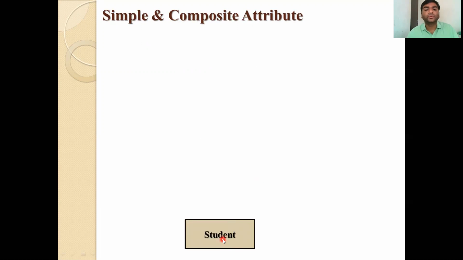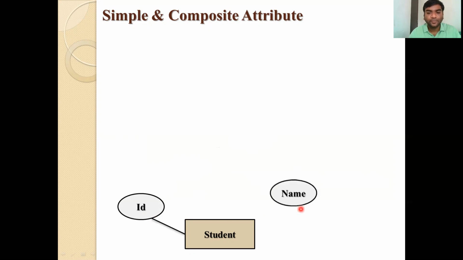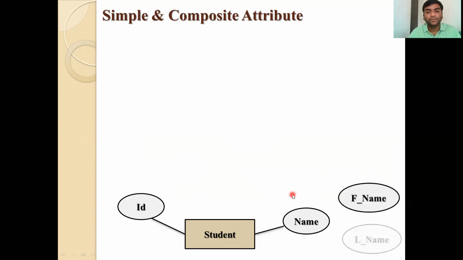So again we are going to consider student as one entity. Student ID is one attribute. Student name is a second attribute. First name and last name are again attributes.